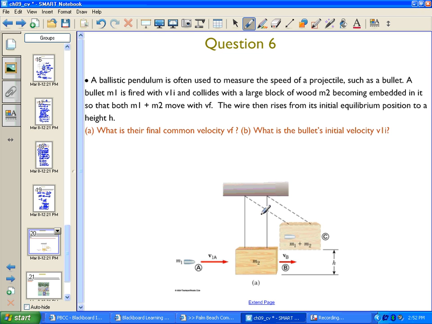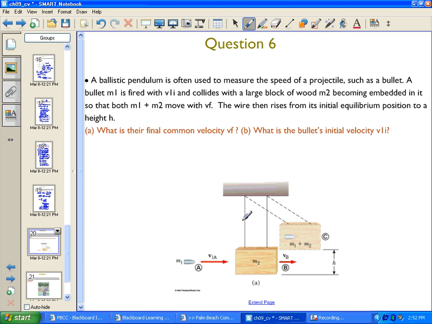This question is the ballistic pendulum. Now, in the ballistic pendulum, we have to consider our old friend conservation of energy as well as our new friend conservation of momentum. So let's see exactly what happens. A ballistic pendulum is often used to measure the speed of a projectile, such as a bullet.